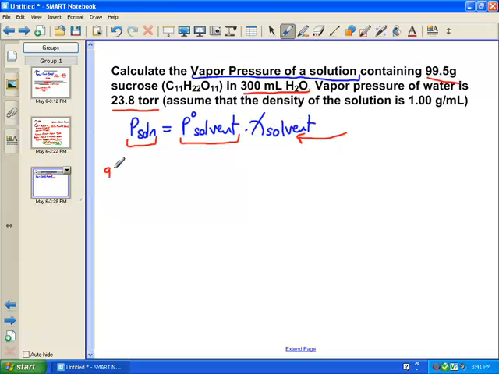We know we have 99.5 grams of our sucrose, and that's C12H22O11. Oh sorry, that should be 12, just checking you guys are listening. C12H22O11.